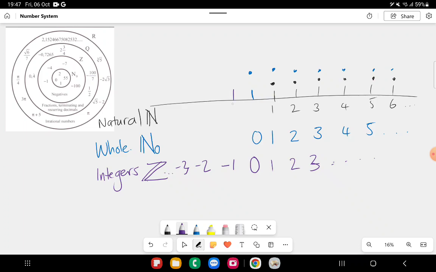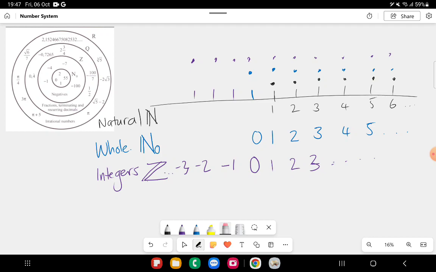So these numbers, again, are separate numbers. Let's do it on top. And they are not connected. They are separate from one another. So we've got natural numbers, whole numbers, which is 1, 2, 3 plus 0, and integers, which are positive, 0, and negative numbers.